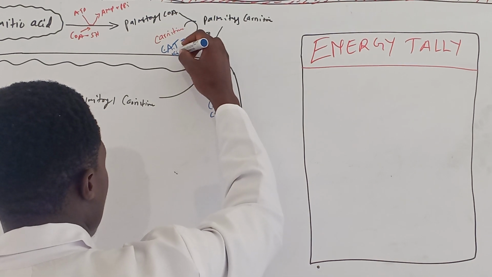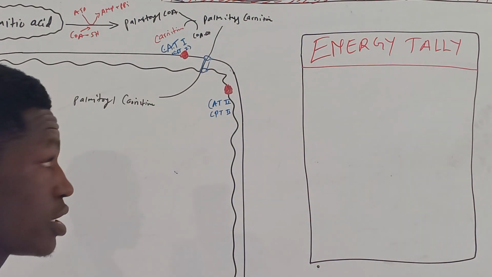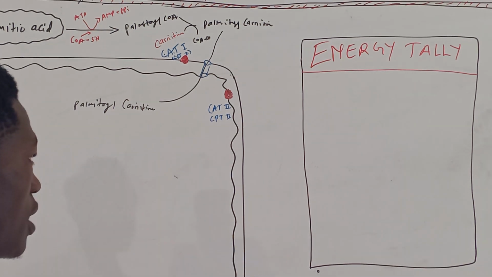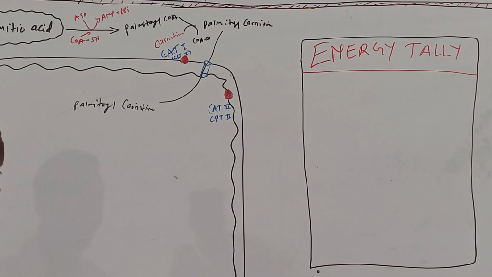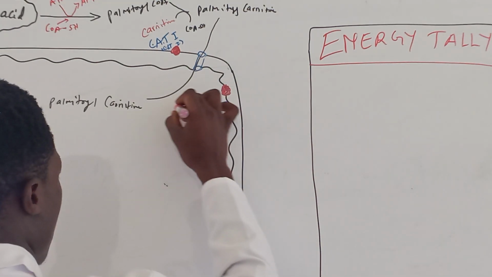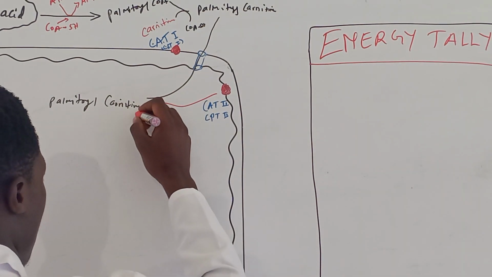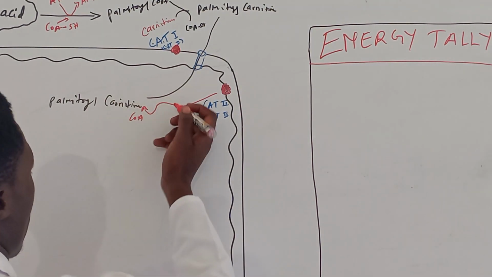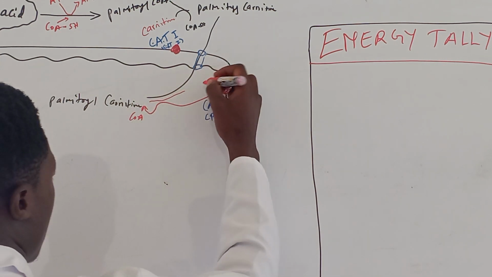Carnitine palmitoyl transferase 1, or carnitine palmitoyl transferase type 2. What it's going to do is simply bring in CoA, coenzyme A, then take off the carnitine.